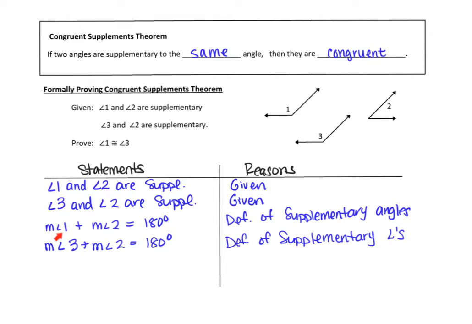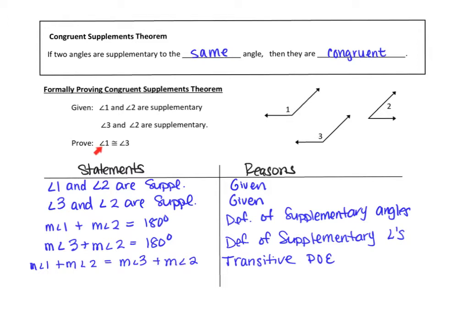So if measurements of angle 1 and 2 are 180, and measurements of angle 3 and 2 are 180, then that means these are equal to each other. What property is that? That is the transitive property of equality. So since both of these equal 180, I can set the angles equal to each other.